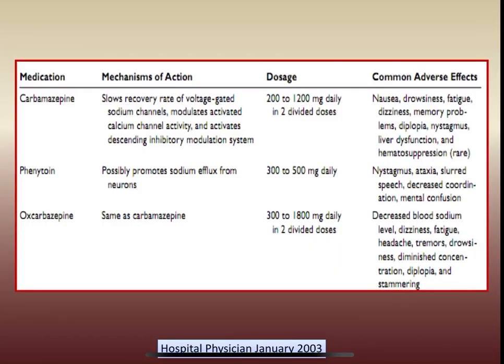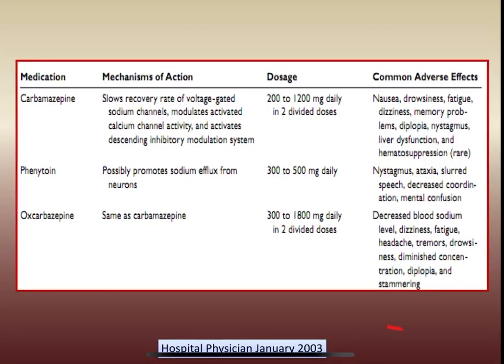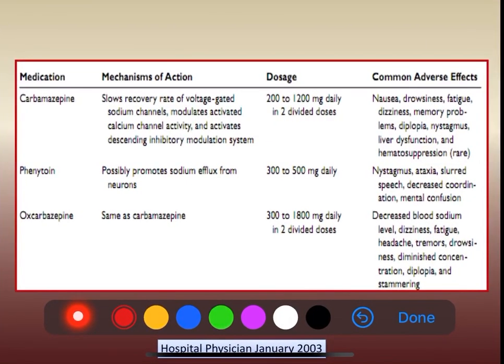And then the management. For pharmacological management, the most commonly given drug is carbamazepine. If you write the dosages, it's okay, or else you can give its major side effect. Carbamazepine has a main side effect of causing hematosuppression, or bone marrow suppression. Next, its analog, or its better version, is oxcarbazepine.